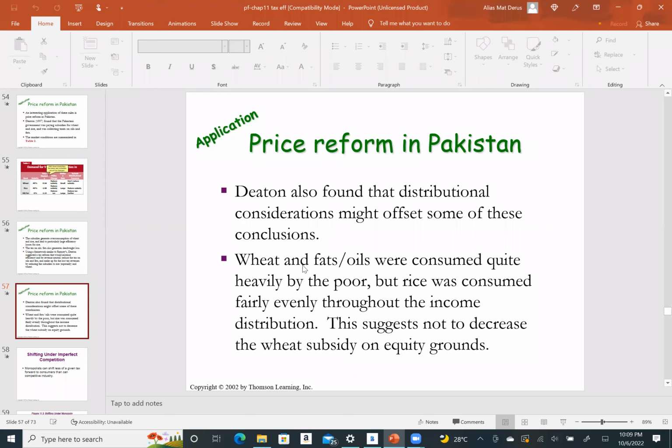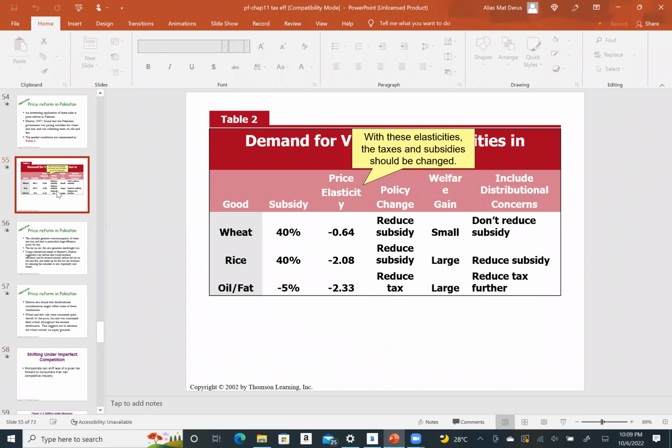And then oil and fat is used by people for cooking, more heavily by the lower income group. So we reduce the tax. So that is the outcome when you look at the equitable perspective, and you balance up with the efficiency criteria.